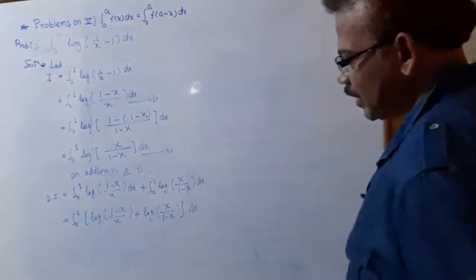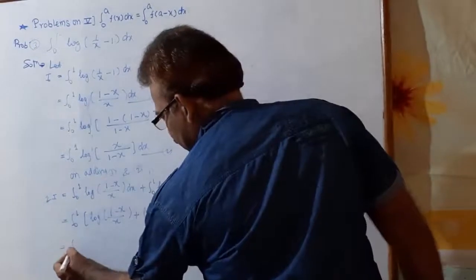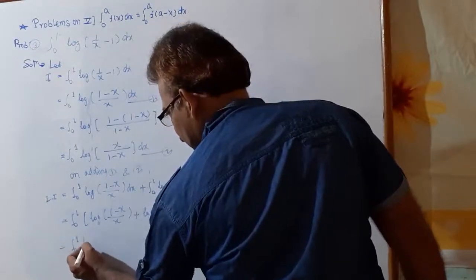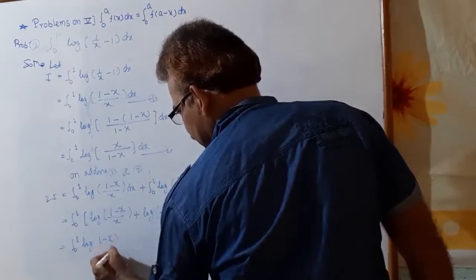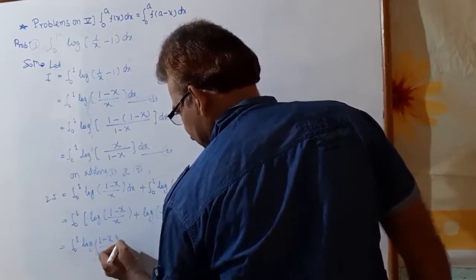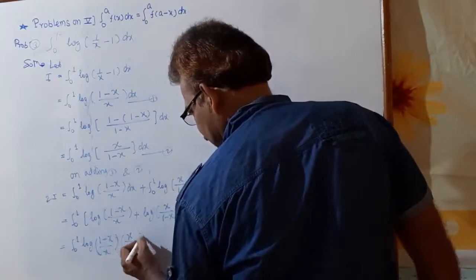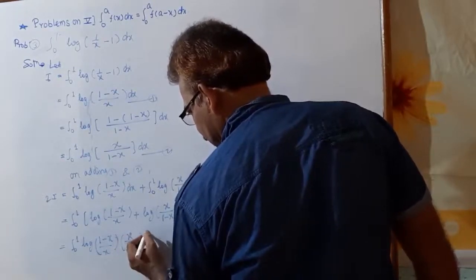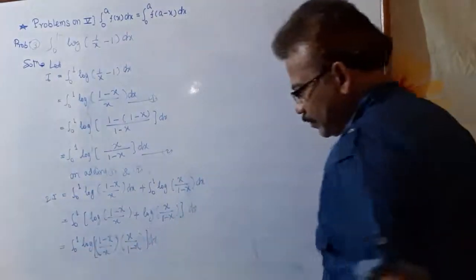And then we apply property log a plus log b, that is log a into b. So integration 0 to 1 log, here a means 1 minus x divided by x into b means x divided by 1 minus x, log a into b dx.